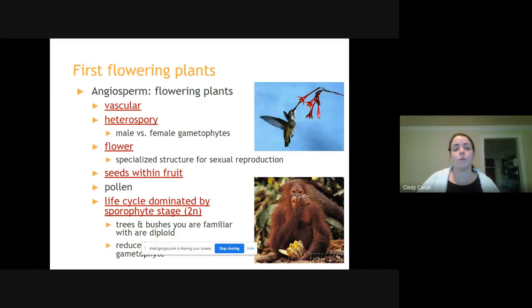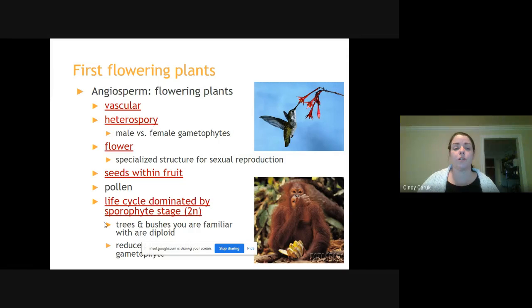And we have seeds with fruit that help with the dispersal because animals like the orangutan over there will eat the fruit, travel the seeds because they are protected, will go through their digestive tract, and it will disperse them. And then we have pollen still. So that's, again, going to help stop limiting where these flowering plants can live.